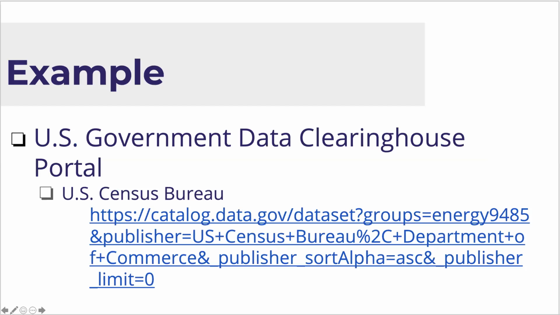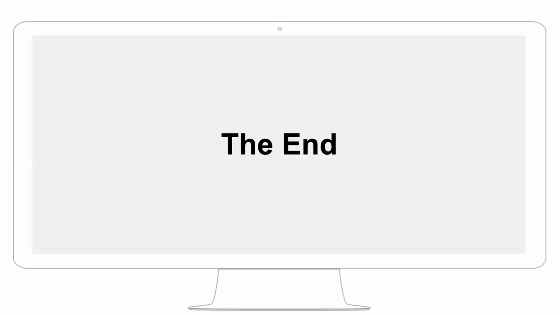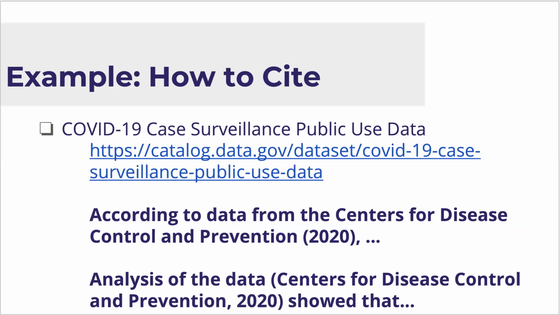You can go ahead and look at things like the US Census Bureau, which contains a surprising amount of information. But that is the end of our formal presentation here. I hope that you have gotten something out of this, that you are more confident about how to cite and reference big data, almost all of which is coming from websites these days.